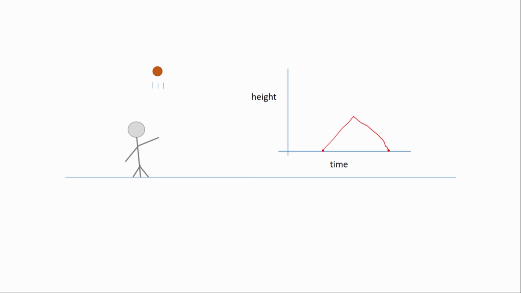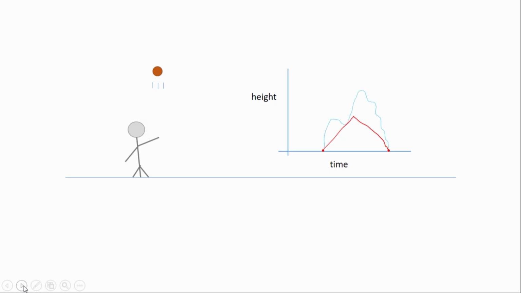Any question, any answers? Sorry? So, for example, can this plot look like this? So what kind of a function would this be? Would this be a parabolic function?